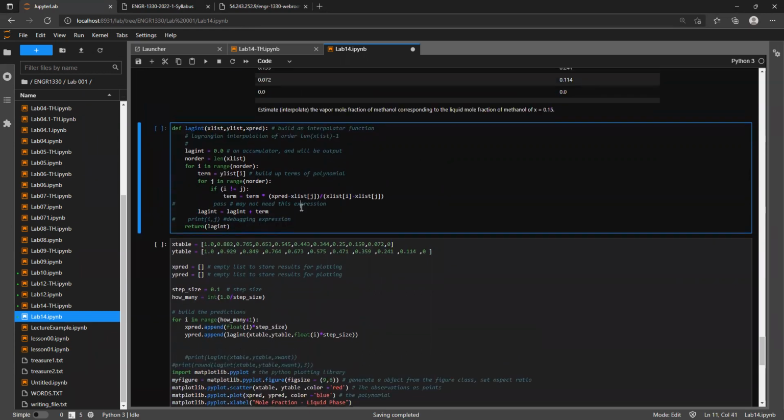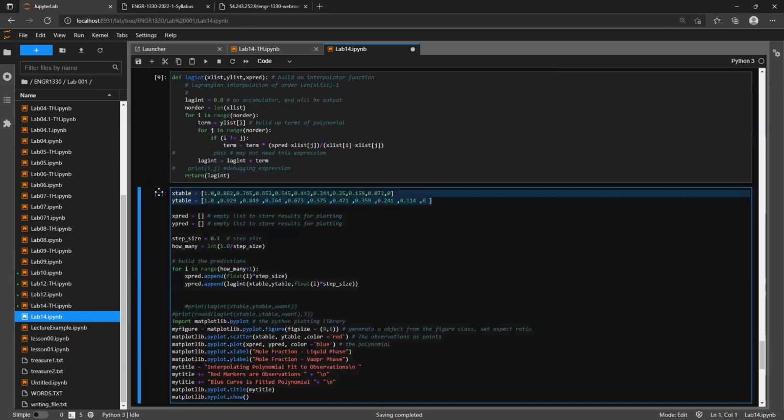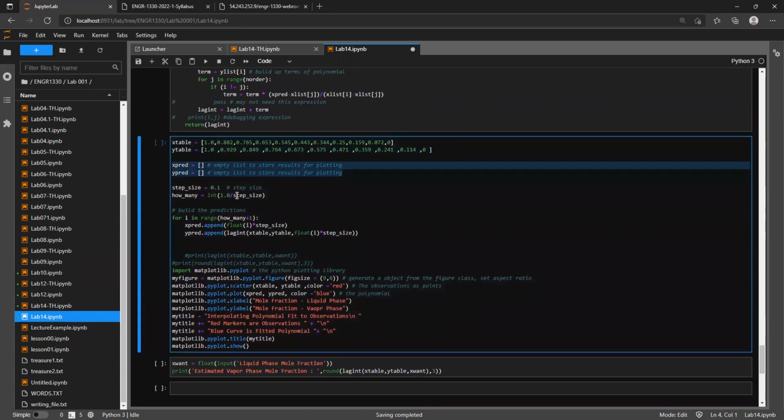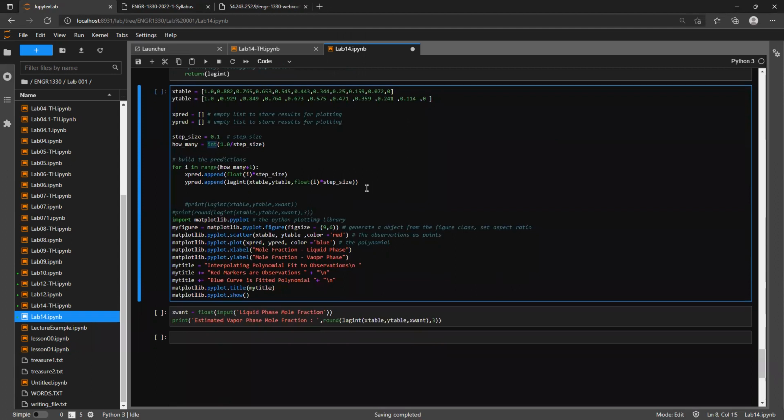Okay, so this is our interpolation function. We've got our data. Here's the empty list to store what we're going to get. Step size, important, showing us how we went, hey, try changing this much. That's what this is. This is going to say how many times we do it. And we're going to build our predictions here. And this is all for plotting.